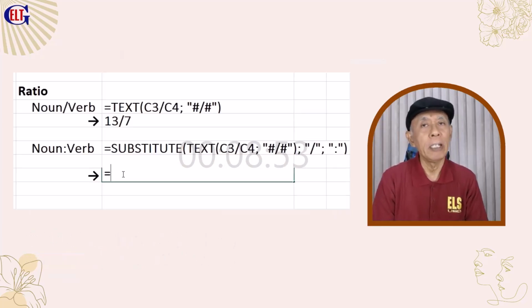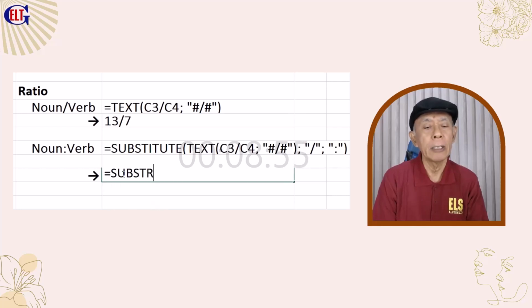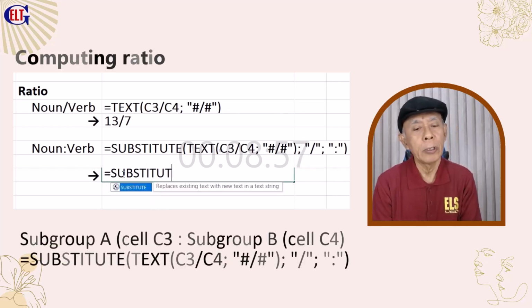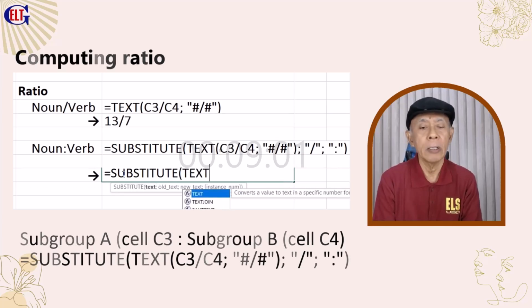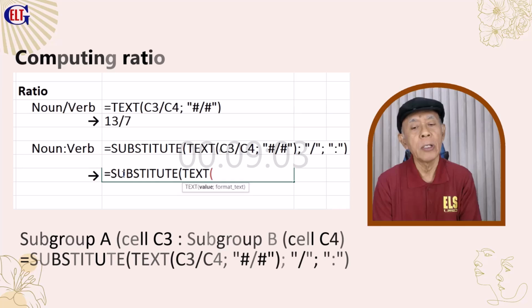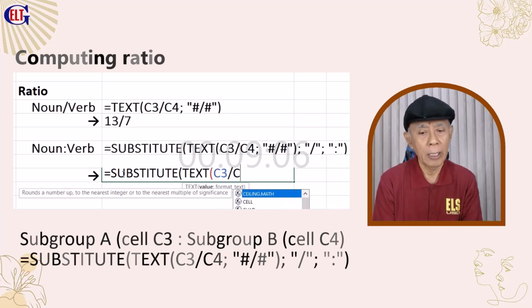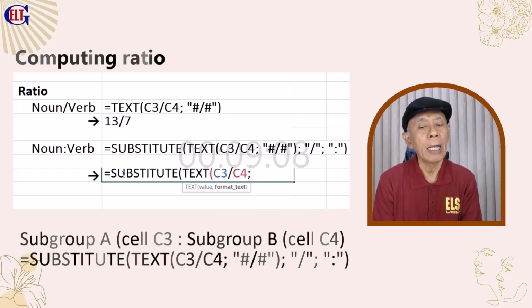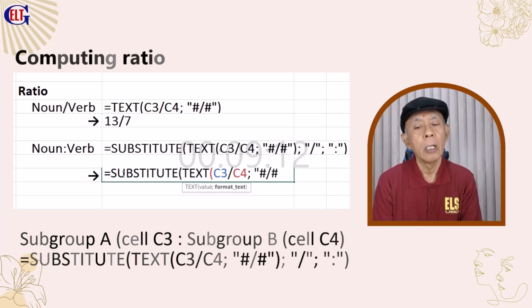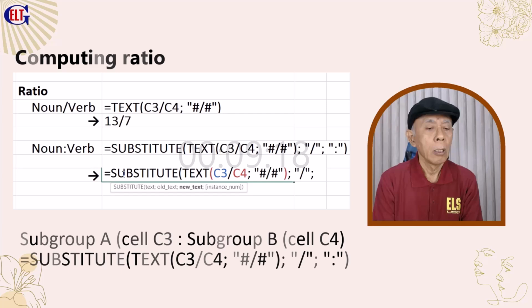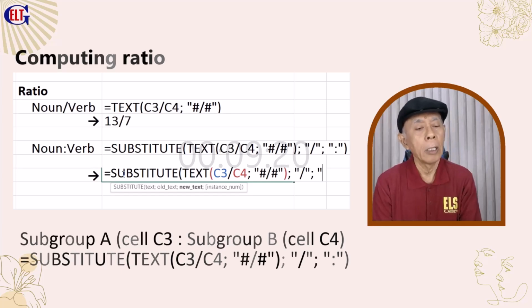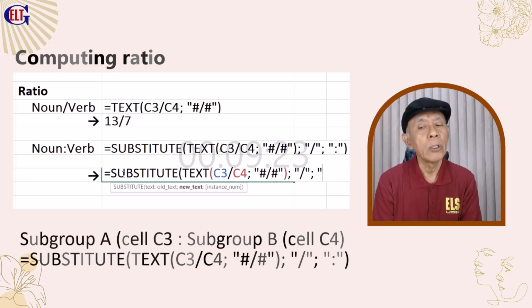If we want to have a ratio with a colon, we can write equal substitute opening parenthesis text opening parenthesis C3/C4 semicolon quotation mark tag/tag quotation mark closing parenthesis semicolon quotation mark slash quotation mark semicolon quotation mark colon quotation mark and closing parenthesis.